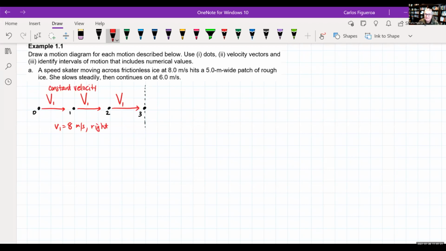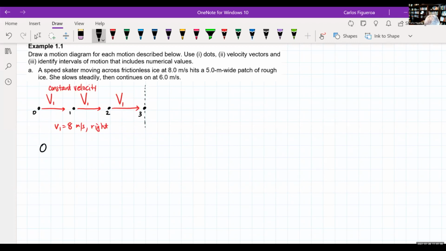Question. She hits the rough ice. Is the speed at point 3 equal to, the same, or greater than the speed at 2 or 1?